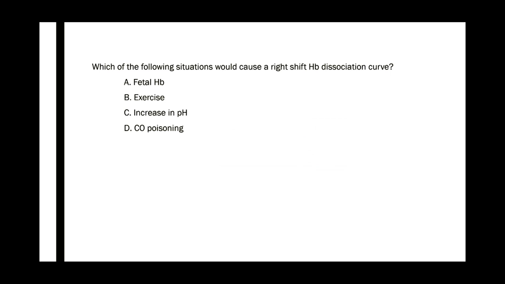Okay, which of the following situations causes a right shift? And make sure when you come to test day, you read the questions carefully. So right shift of the hemoglobin dissociation curve. Oh, I forgot to mention, you'll also see it called the Bohr effect. You don't see it as much, but you may see that term. Okay, fetal hemoglobin. No, that actually causes a left shift, and that makes sense, right?